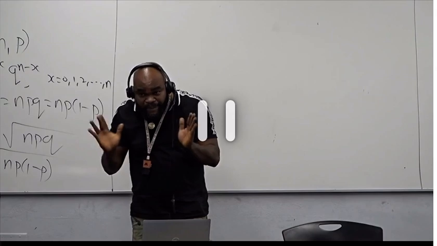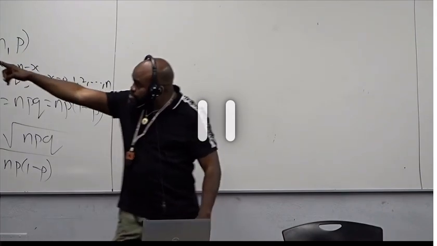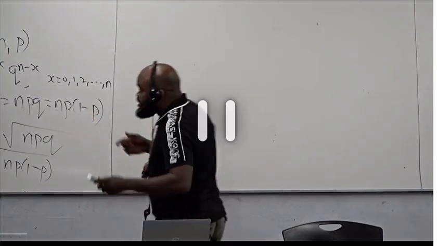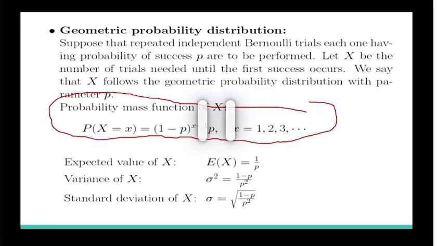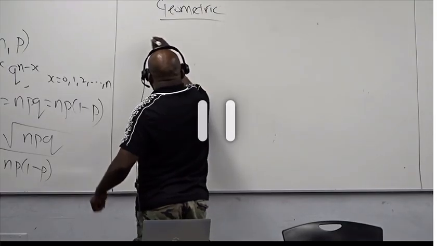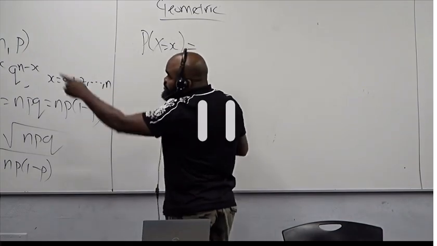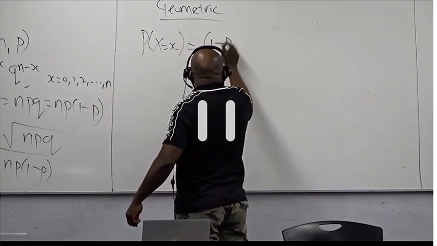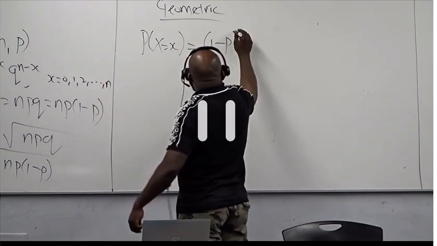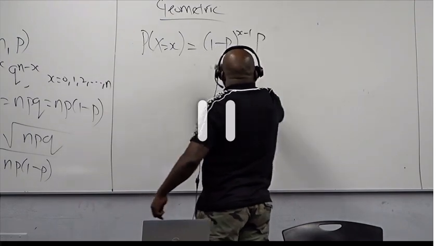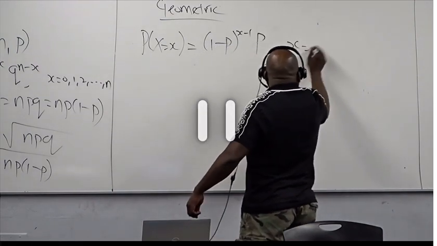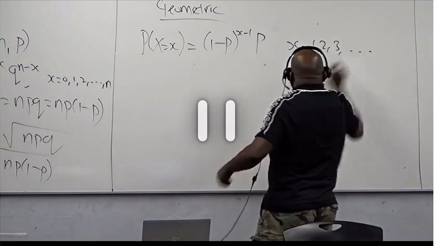For geometric, this is the way we normally write it: the probability of X equals 1 minus p raised to the power x minus 1, multiplied by p, and x starts from 1, 2, 3, and so on.